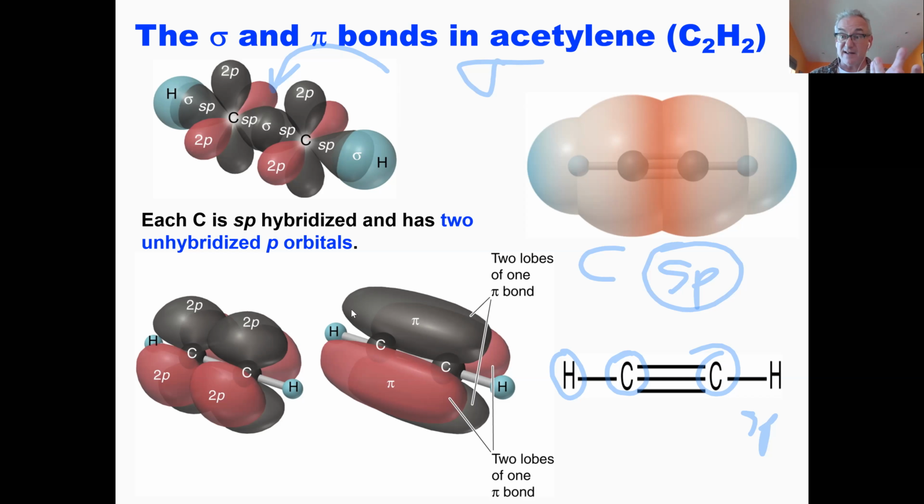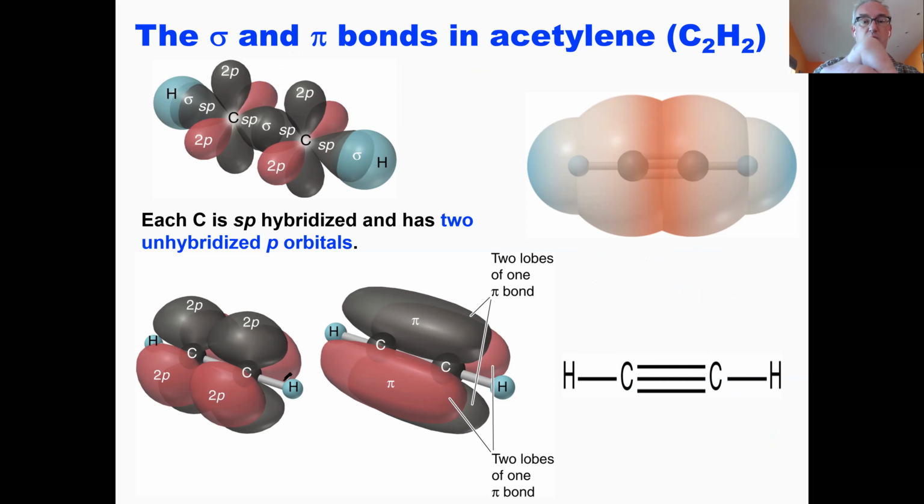Now, because we've taken an s and a p orbital, that means there's two p orbitals left over, each with a single electron in them. Here is one of them. So I have two p's going up and down. That's my 2p on the top there. And I've got two p's going in and out.